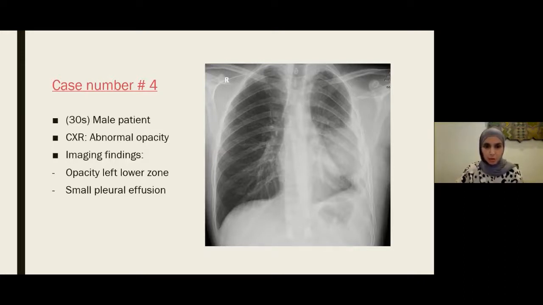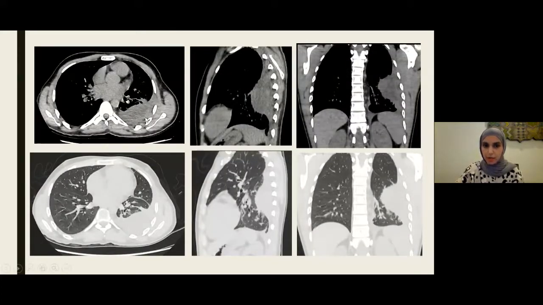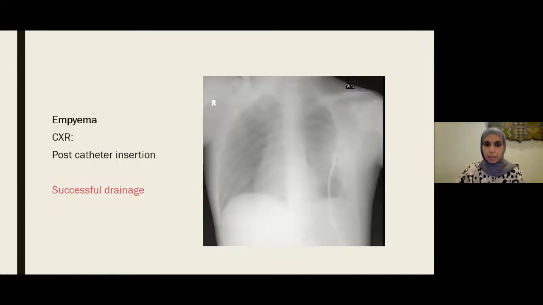CT was performed showing an elliptical collection with thickened pleura, more or less homogeneous content, an obtuse angle along the costal surface, and compression of the adjacent lung tissue. These are the imaging features of empyema, and in chest disease hospital, we usually manage these cases with insertion of a pigtail catheter, and this is a chest X-ray which shows successful drainage post-catheter insertion.